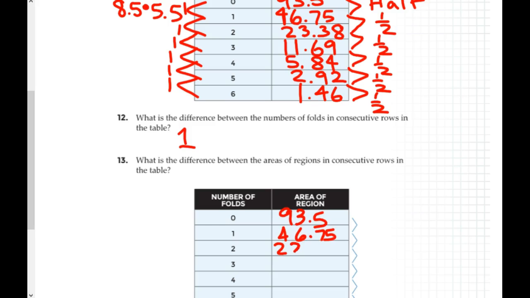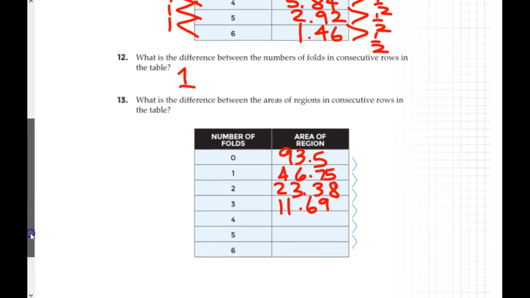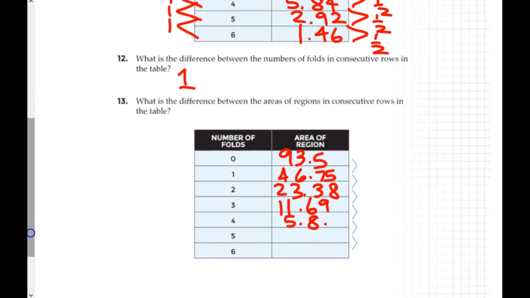You can fill this in with the same numbers. Again, difference means we are subtracting on the right-hand side. So what is 93.5 minus 46.75?